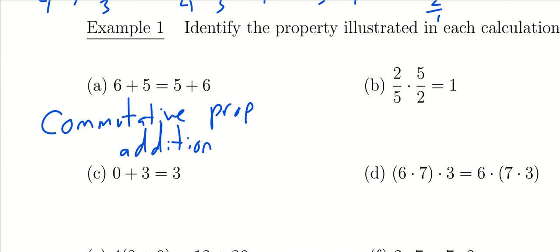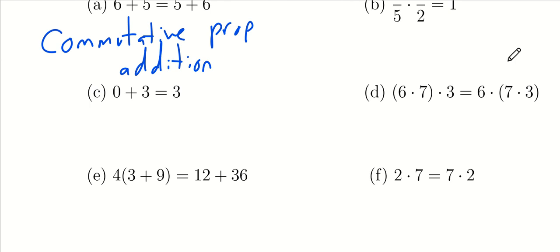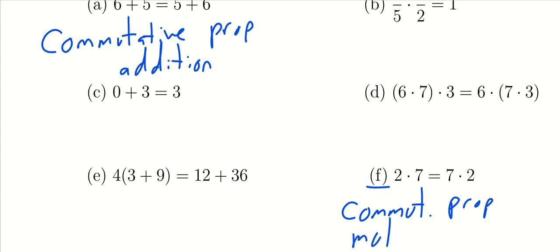Commutative property says you can do the operation in any order. 6 plus 5 is the same thing as 5 plus 6. If you look at F, let's jump around a little bit. That essentially is saying the same thing, but as it pertains to multiplication. So in F, this would be an example of the commutative property, but for multiplication.